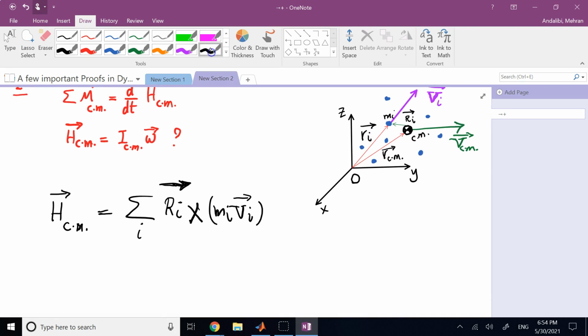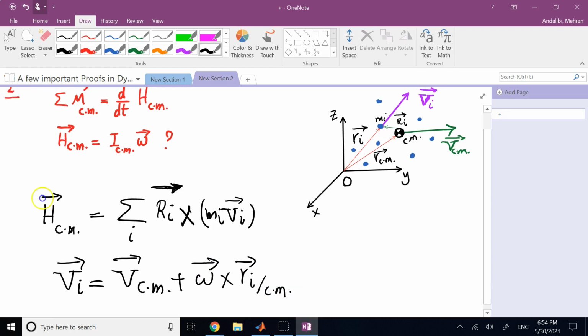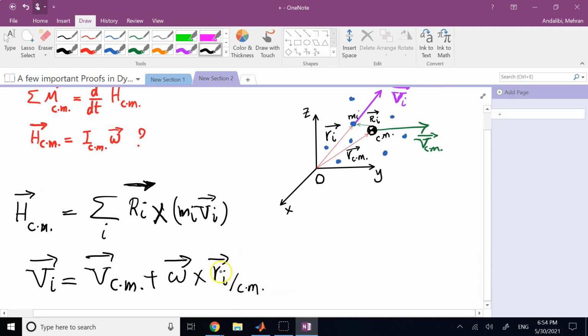Well, if you know from your rigid body kinematics, V of any point can be written as V of another point plus omega of that rigid body cross R of the left point with respect to the right point. Correct? That's the definition. This term here, R of I with respect to CM, is a vector that connects your CM to what? To the particle I, and that's the same as what?